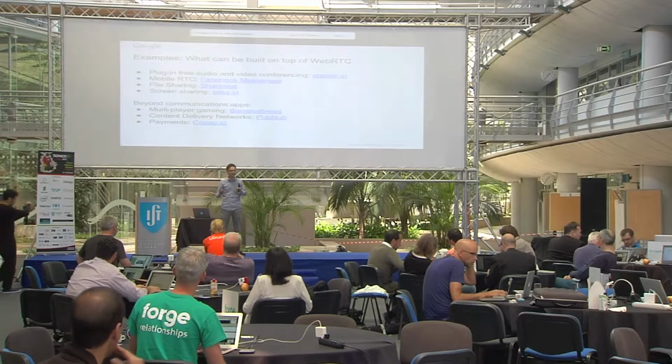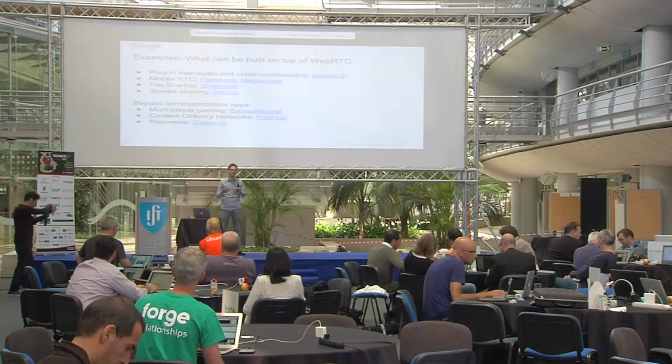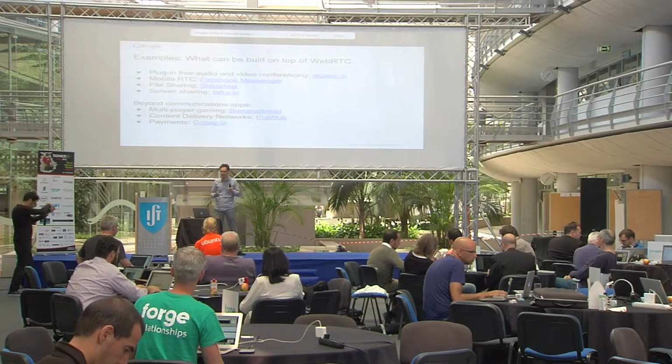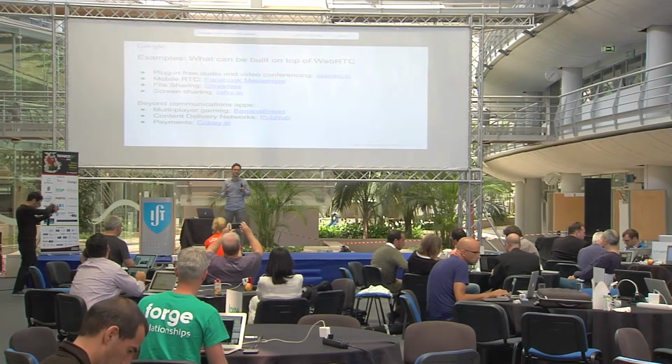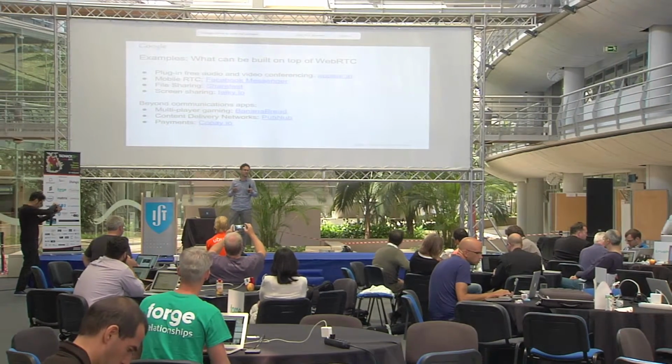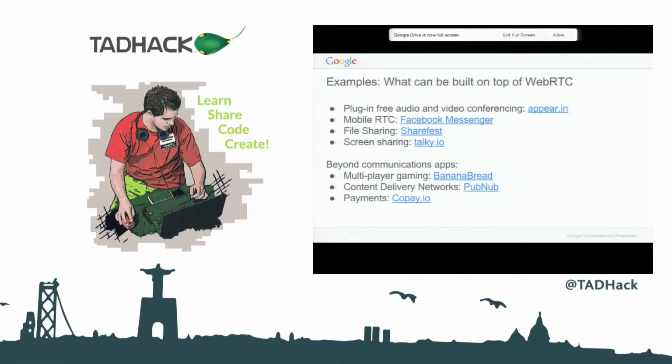There's a data channel in there, and Banana Bread, an online game, makes use of the data channel for multiplayer gaming. PubNub is providing a front end based on WebRTC to its content delivery network, and you can even do IoT services through it. And CoPay is a payment service which enables a Bitcoin wallet through the WebRTC data channel.